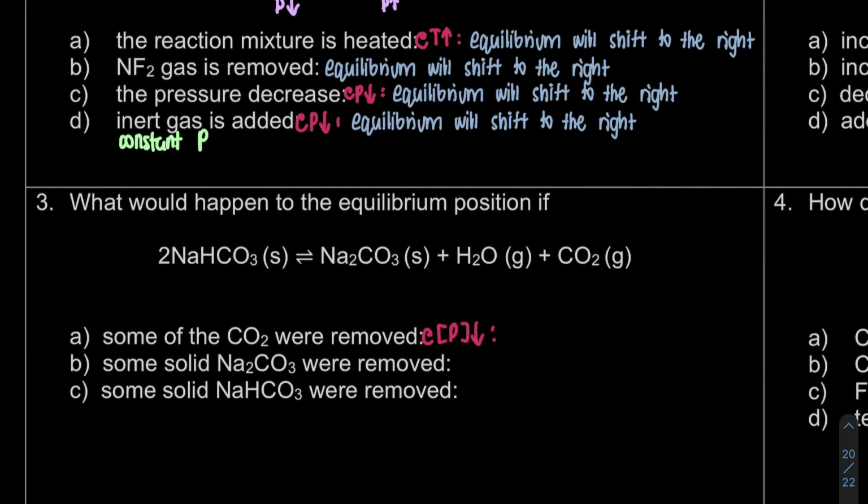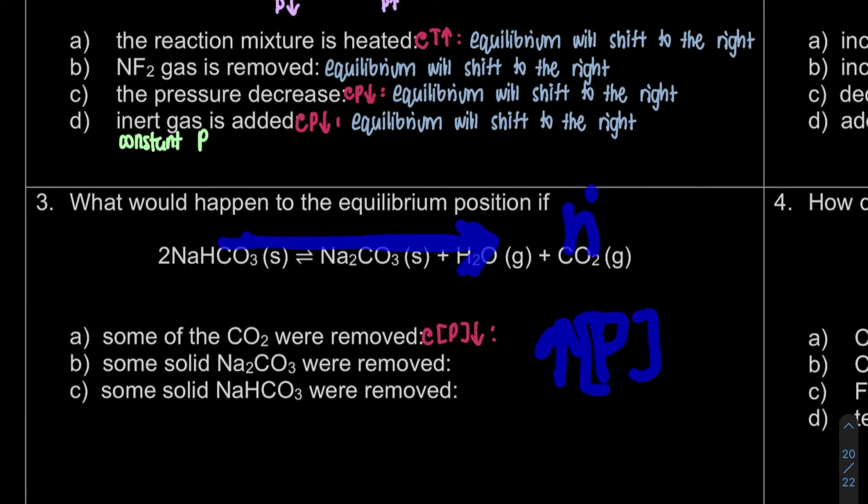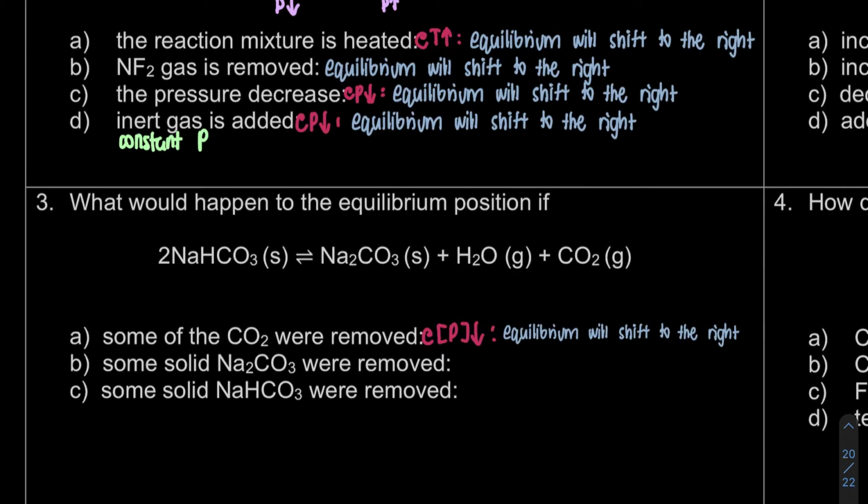Okay. So what will happen is that it will counter back by increasing the concentration of product. So macam mana nak increase the concentration of product? Dia mestilah nak change the reactant tu jadi product. So reactant change to product is actually reaction to shift to the right. Sama lah dengan seesaw kita tadi. So that's for question A.